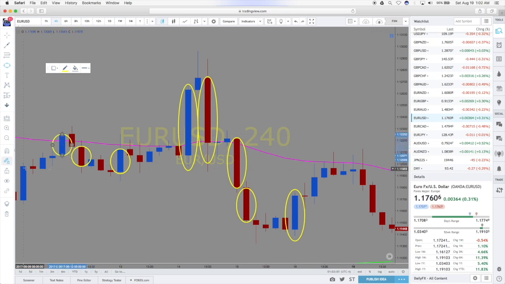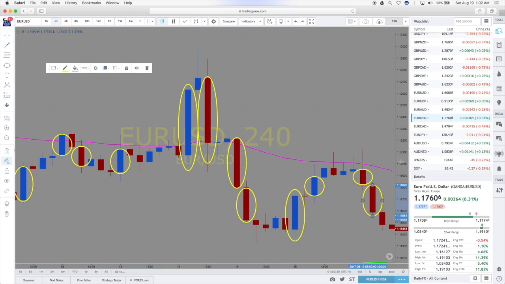And that's why they're called engulfing candles. These are clear signs of who's in control of price, right? You can clearly see who's in control of price. Buyers in control, buyers in control, buyers in control, buyers, sellers, sellers, sellers, buyers, buyers, sellers, sellers, right?